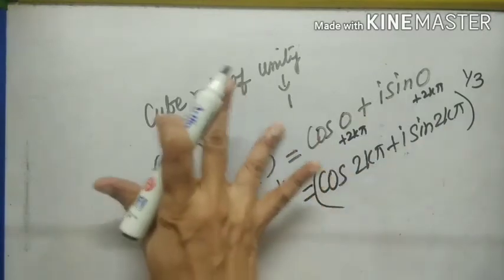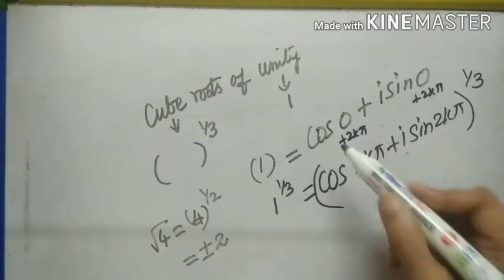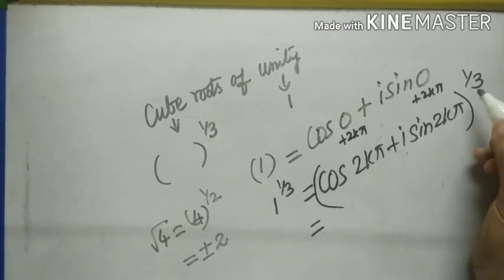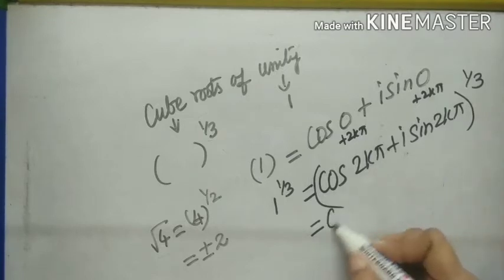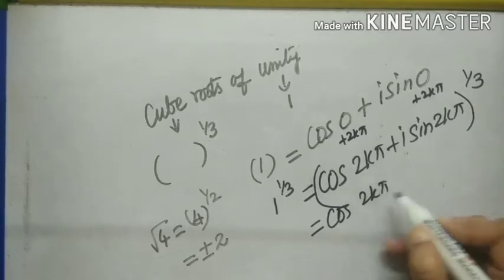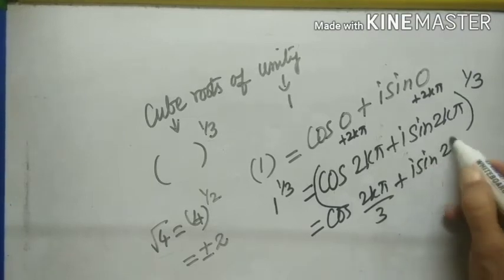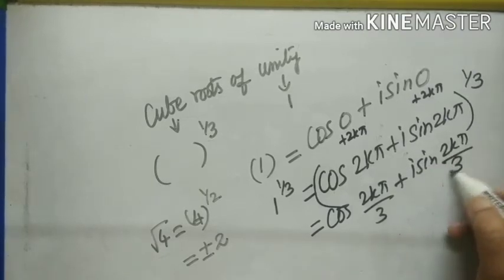So this I am writing only 1. 1 is cos 0 plus i sin 0. Add 2k pi. When I want the power 1 by 3, raise it to the power 1 by 3. And what does de Moivre theorem say? Power will come in. Cos 2k pi into 1 by 3 plus i sin 2k pi into 1 by 3.